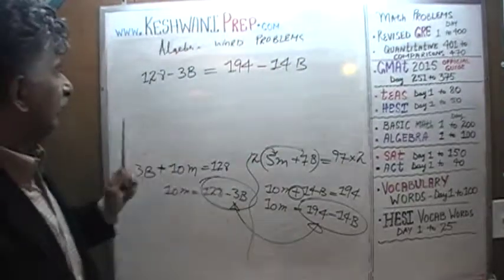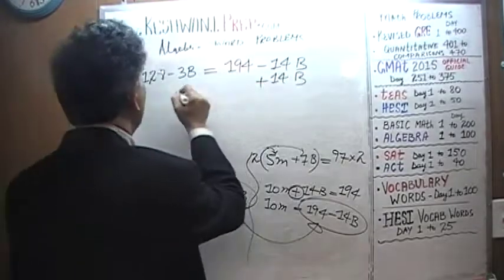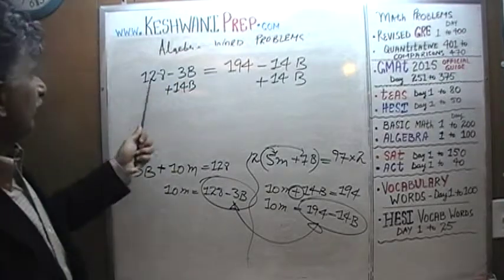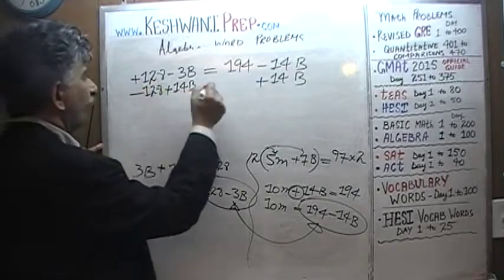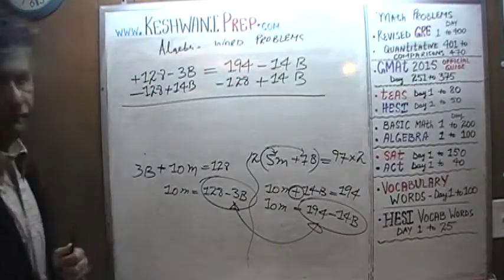Let's bring this 14b to this side by adding 14b to both sides. And let's bring 128 to this side by subtracting 128 from both sides. That's it.